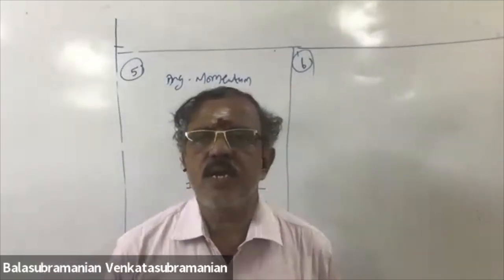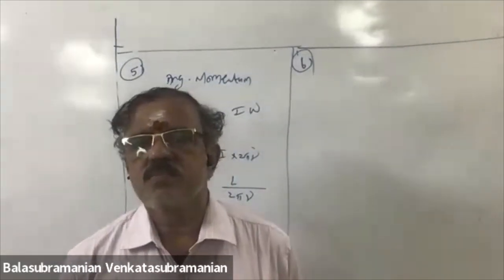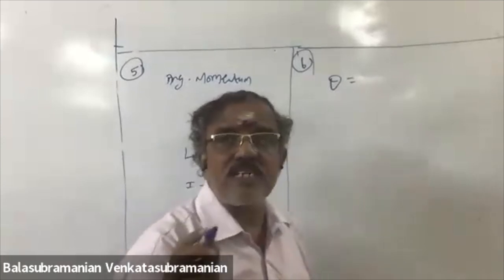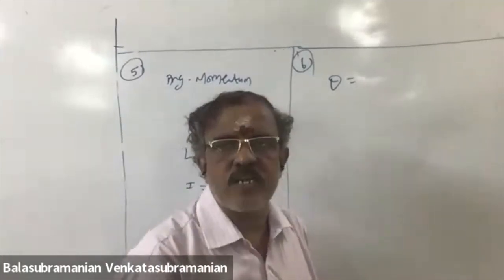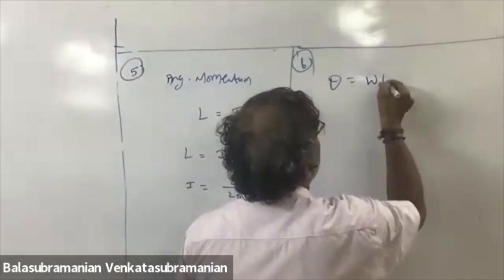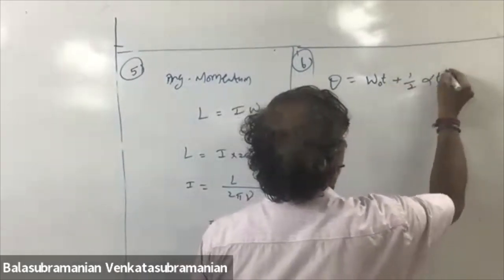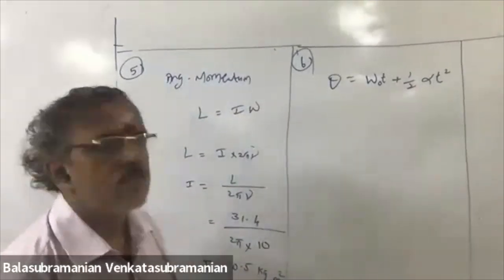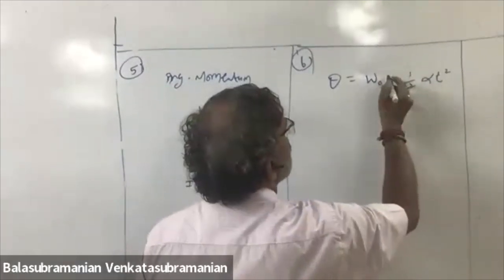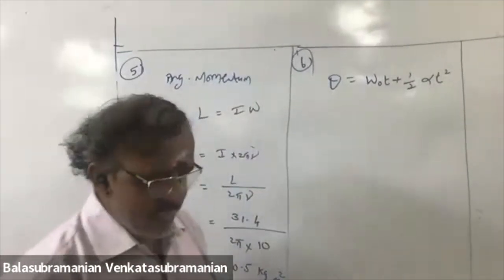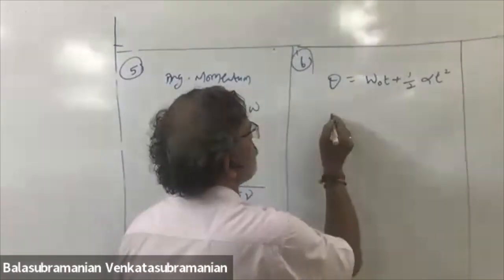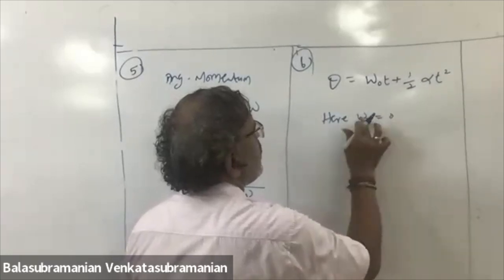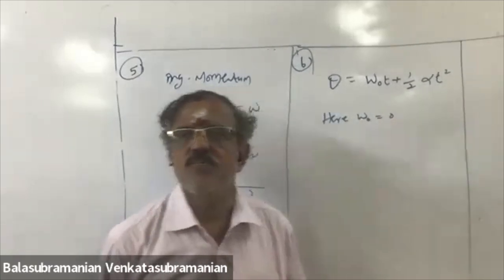Omega is equal to omega naught plus alpha t. Theta is equal to, that is equivalent to S is equal to ut plus half at square. So theta is equal to omega naught into t plus half alpha t square. This initially at rest. That means omega naught is 0.